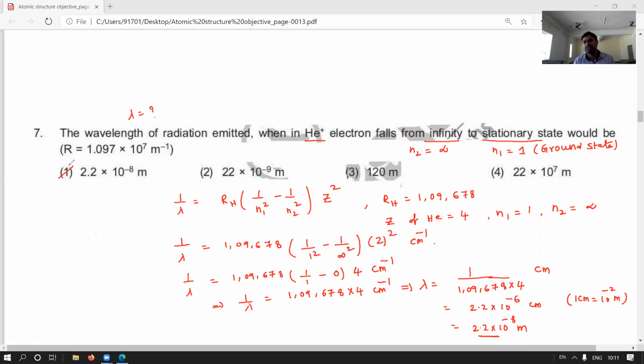Then 1 by lambda is equal to 1,09,678 into 4, and the units are centimeter inverse. Now the lambda value will come in centimeters, 2.2 into 10 to the power of minus 6. The options are given in meters, so we have to convert centimeters into meters. That is 2.2 into 10 to the power of minus 8 meters.